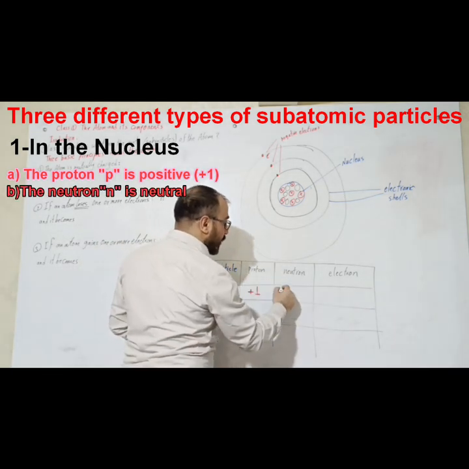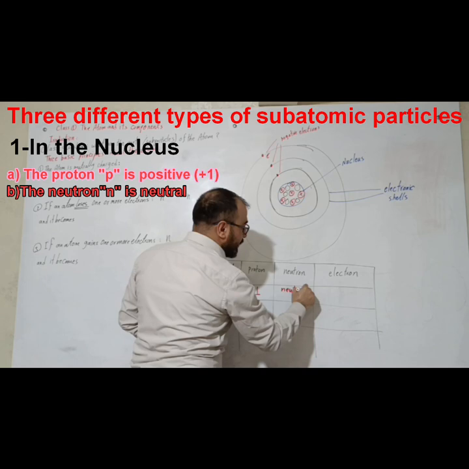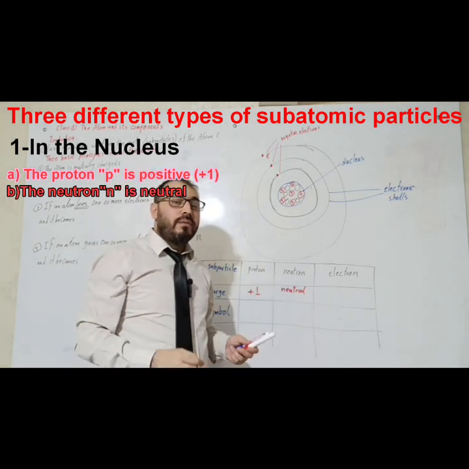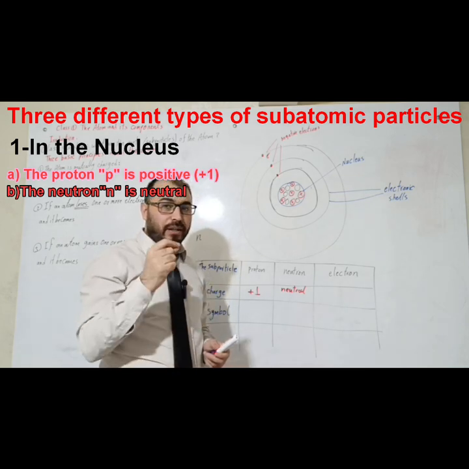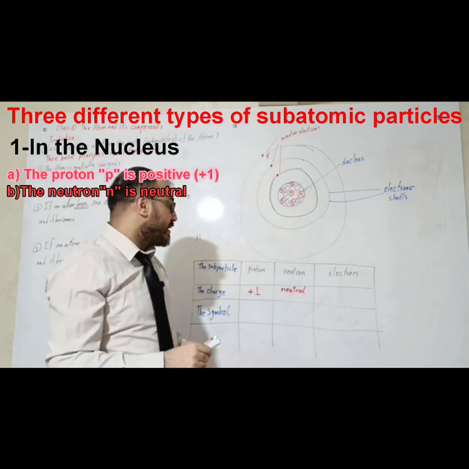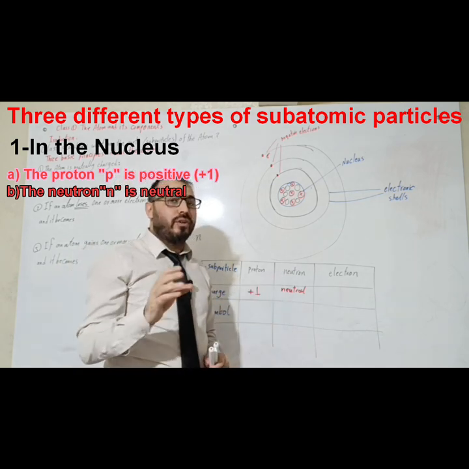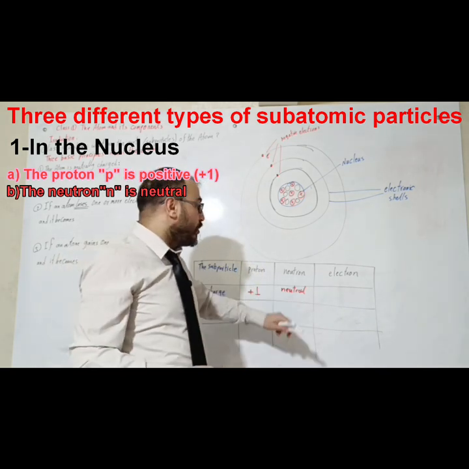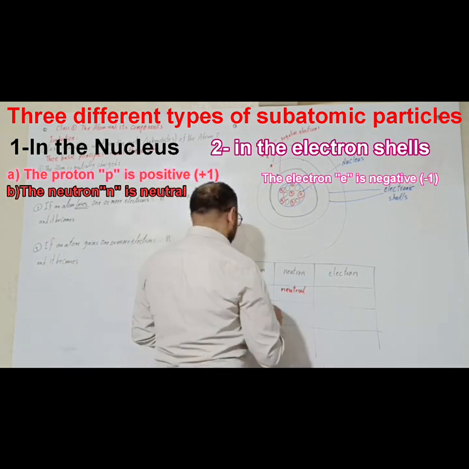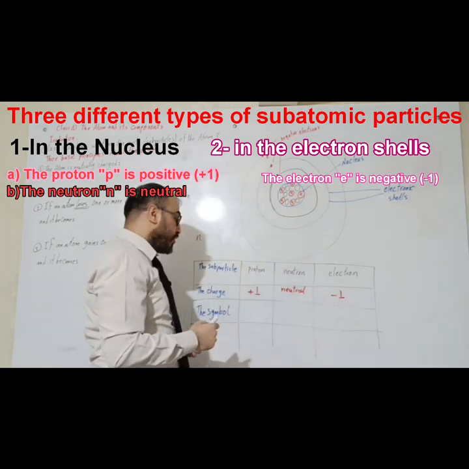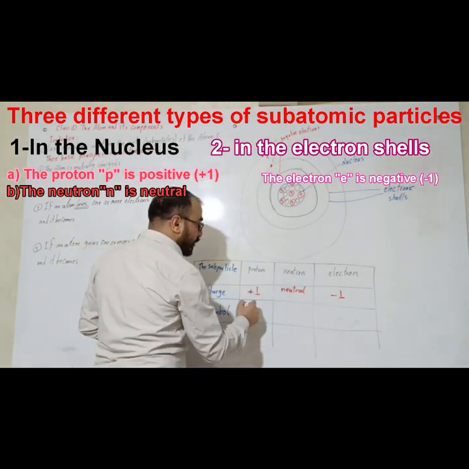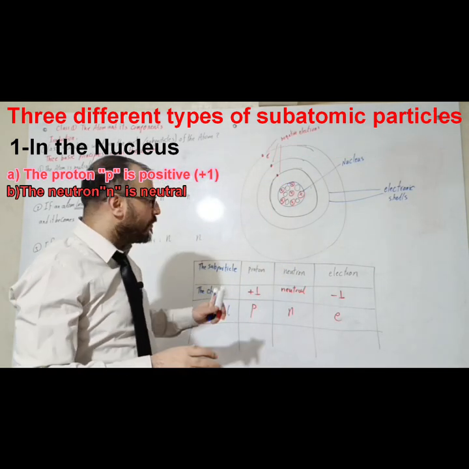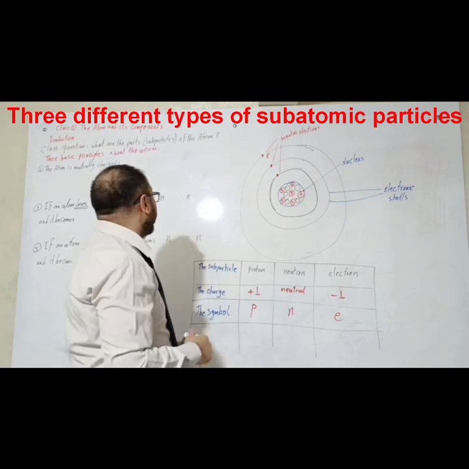The neutron is neutral, and in the next classes we are going to differentiate between the words neutral and uncharged, because there is a misunderstanding among a lot of students who say that the neutron is non-charged or uncharged, and it's in fact neutral. And then we have the electron, which is negatively charged. The symbols are P for the proton, N for the neutron, and E for the electron, and we are going to study them in isolation next.